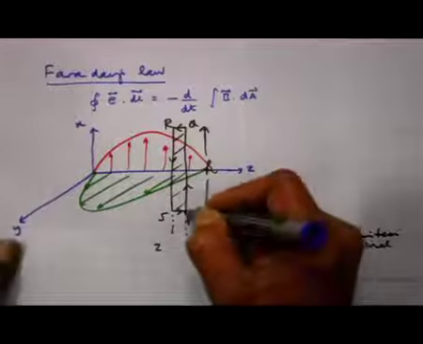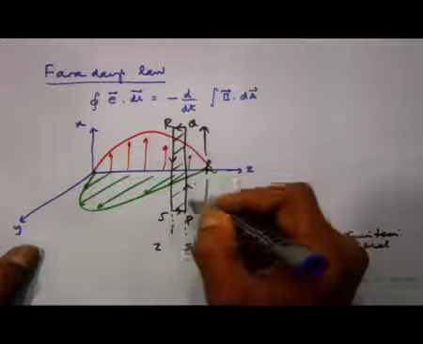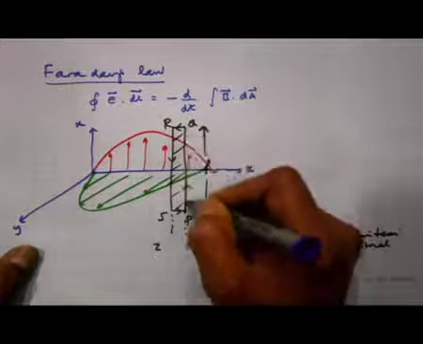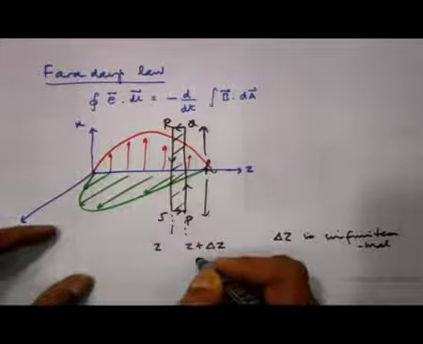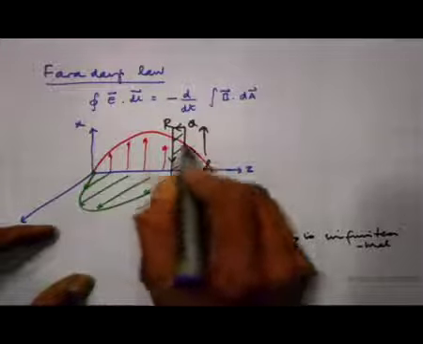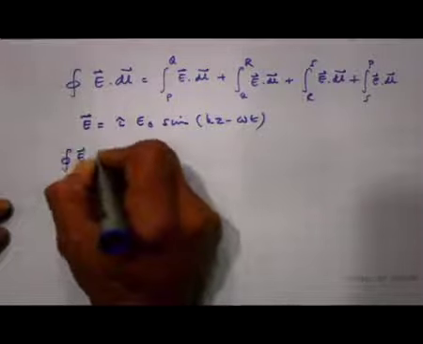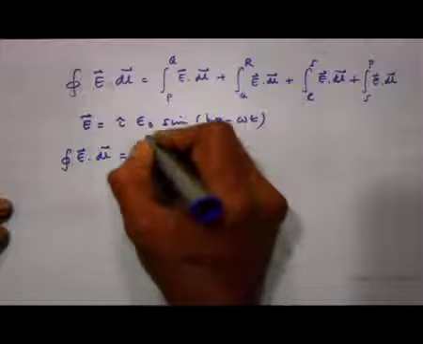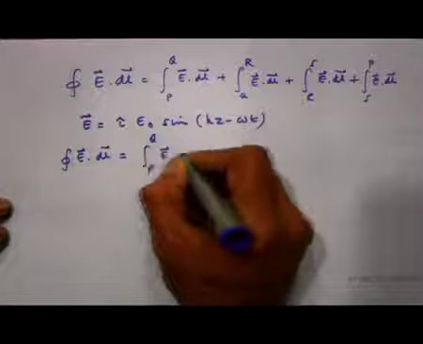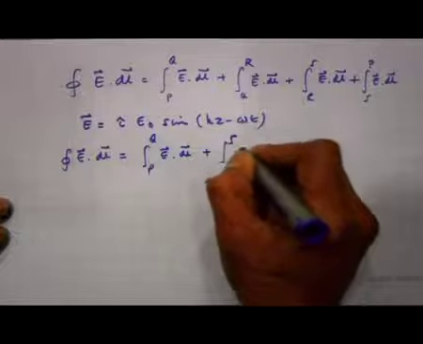For the remaining two integrals, E is the same for all values of x, because E depends only on z, and the value of electric field at z and z plus delta z will be different, because as you can see here the electric field is changing with z. So, the integral E dot dl will have two components, P to Q E dot dl plus R to S E dot dl.